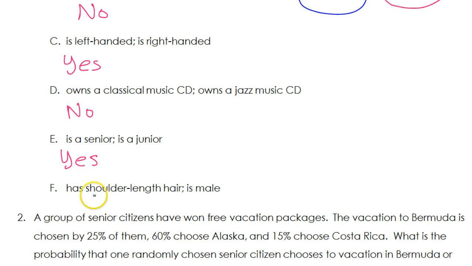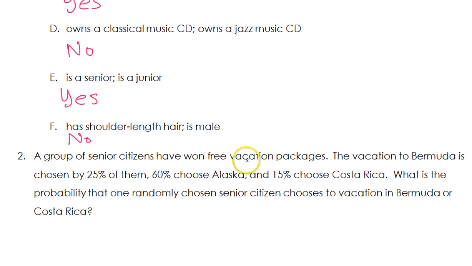Okay. Has shoulder length hair, is male. These are definitely not mutually exclusive. You can be a male that has shoulder length hair. It could be very lovely, well conditioned, shiny, and awesome. So yeah, you could be a male with shoulder length hair, no problem.